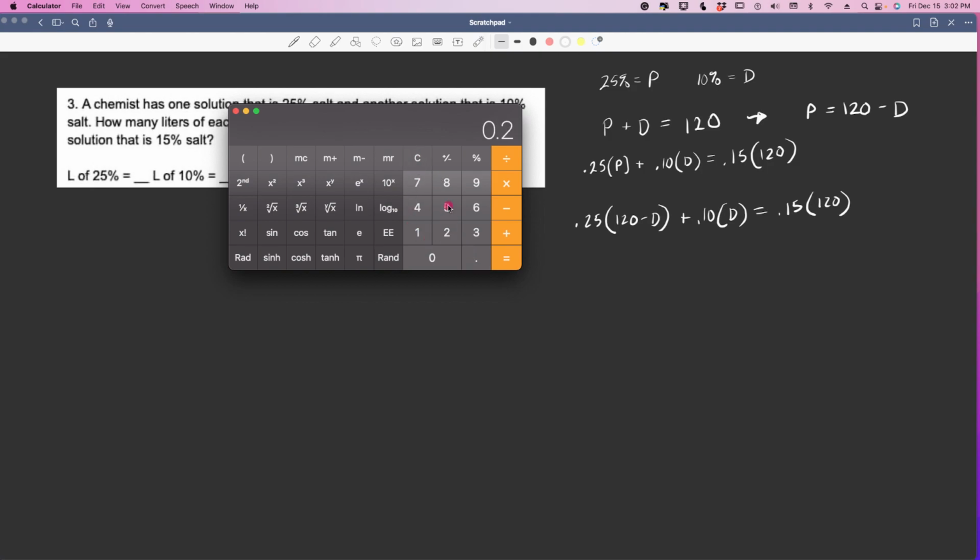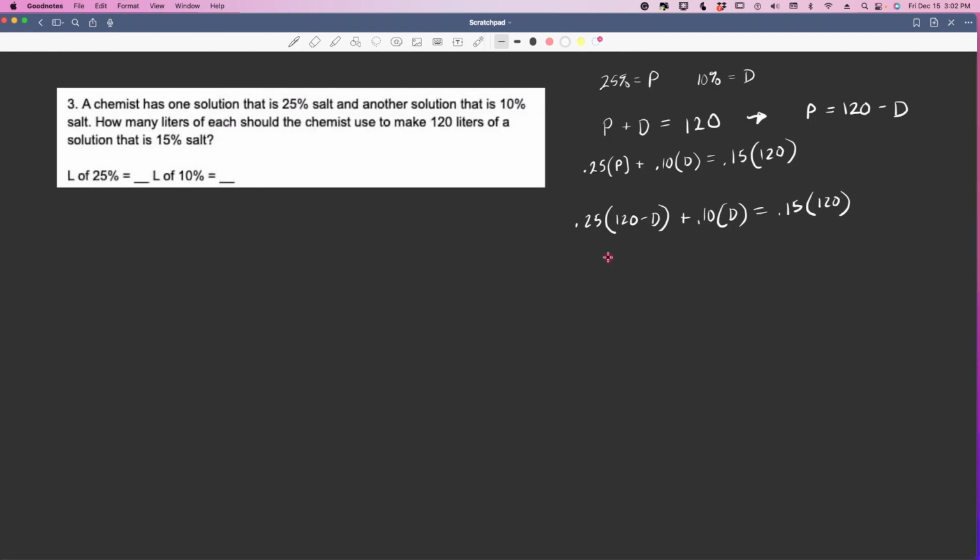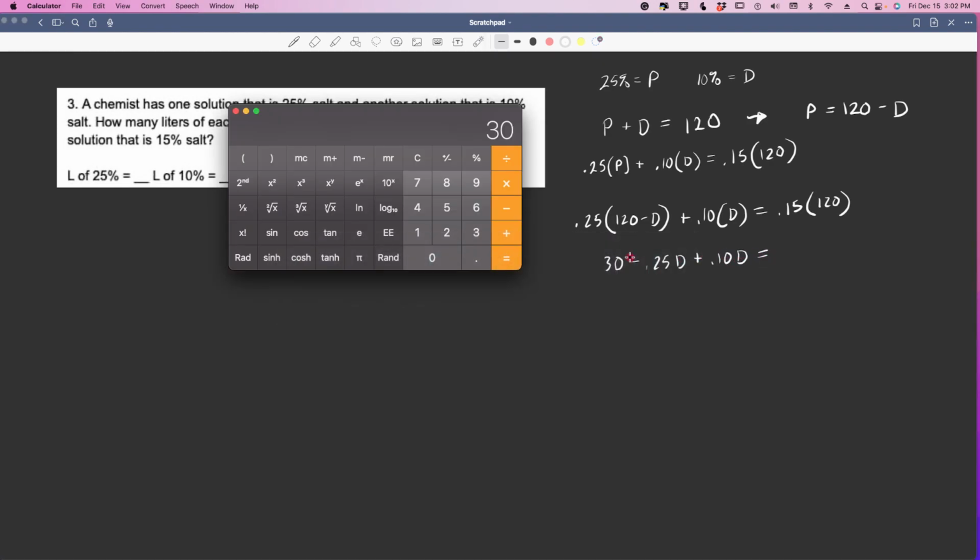So 0.25 times 120, that's 30. So 30 minus 0.25 D plus 0.10 D is equal to, let's see, 0.15 times 120 is 18.